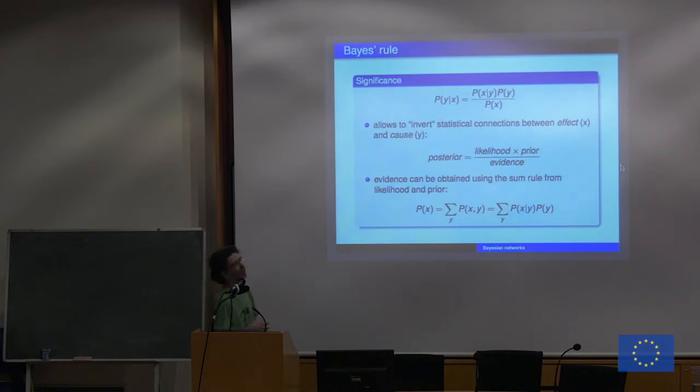As we will see, it's also the way you can reason with a probabilistic network made of variables and relationships between them. By the way, the evidence, p(x), can always be computed by taking the numerator and marginalizing out the variable which is not in the denominator. So you take p(x|y) times p(y), and you sum over y, and you get p(x), because by the product rule this is the same as p(x, y), and if you sum over y, you get p(x).